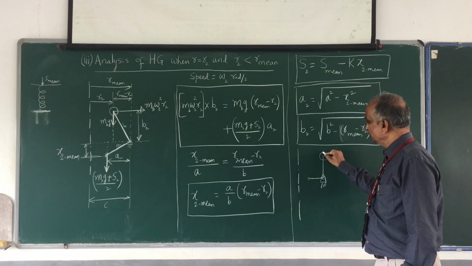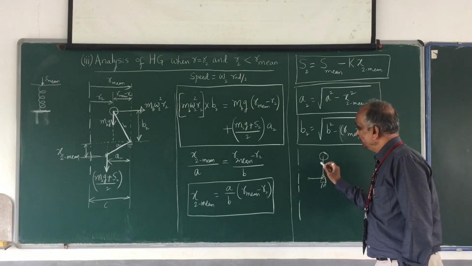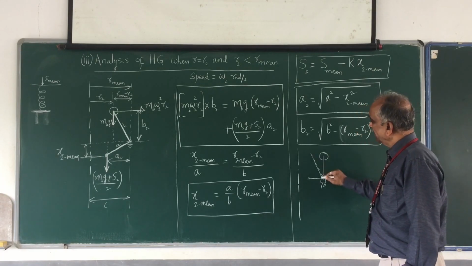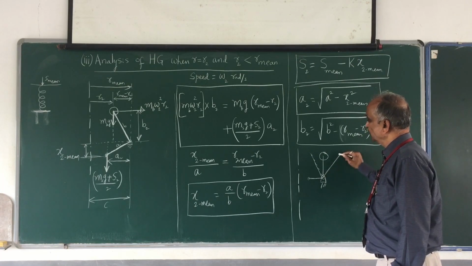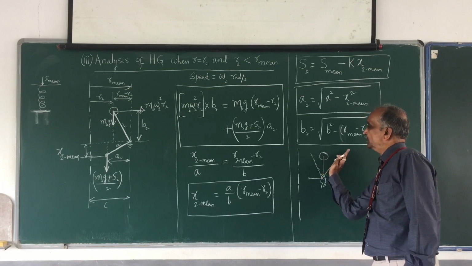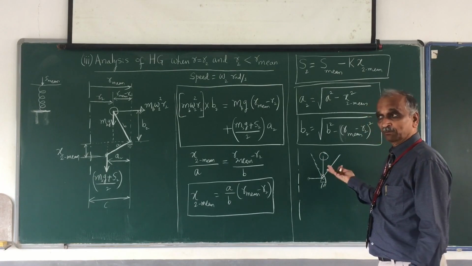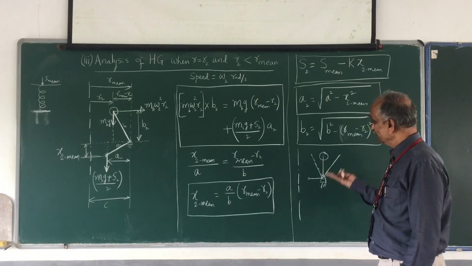So this position I am calling the mean position, assuming that for the minimum position the ball arm will go something like this, and for the maximum position the ball arm goes like this. The ball arm will be moving from this position to this position, and this is what I am calling the mean position. But in a different real problem, it may be something different.